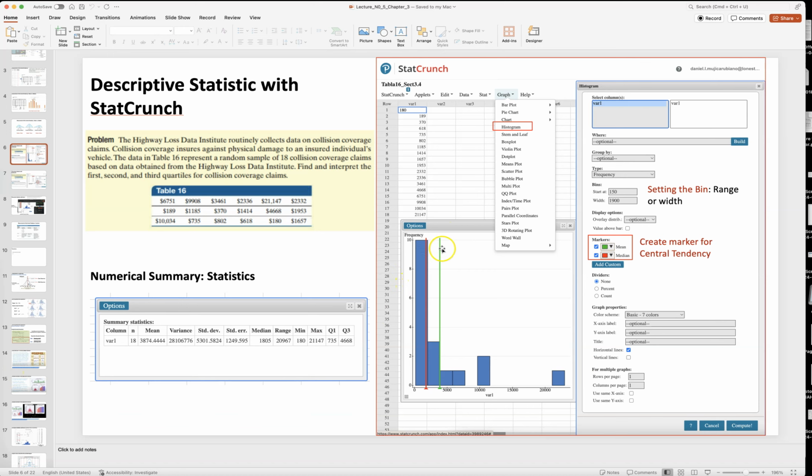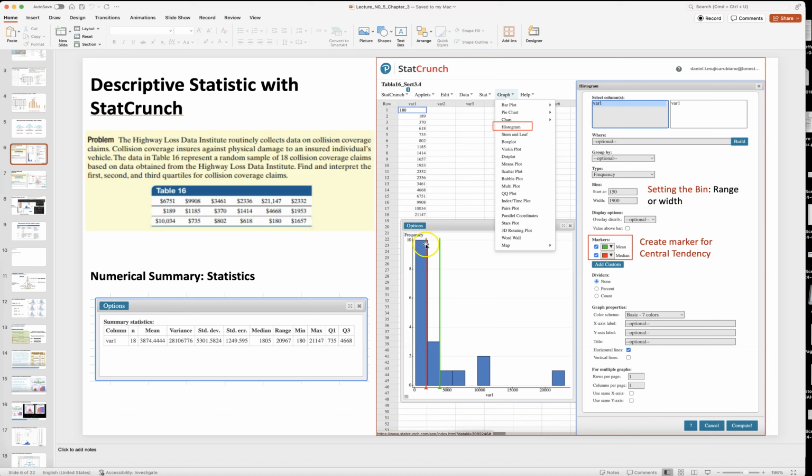If it's skewed to the right, the mean value will be greater than the median. If it's skewed to the left, the mean value will be lower than the median. Okay? Normally those kinds of things happen.